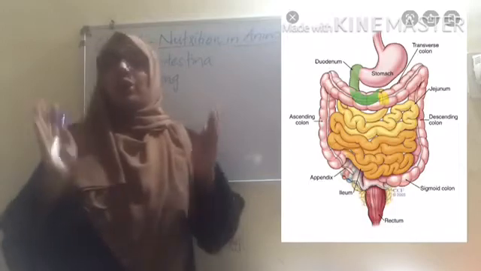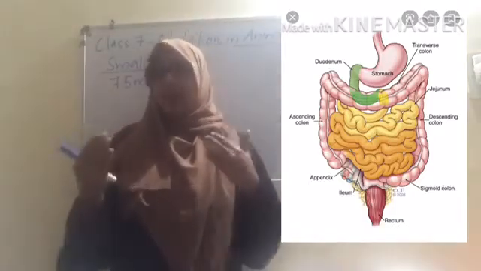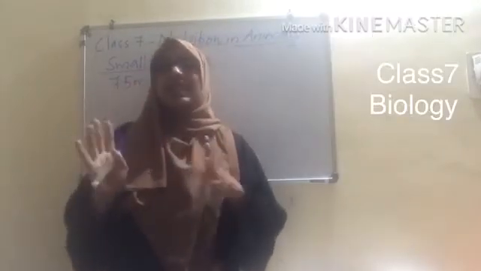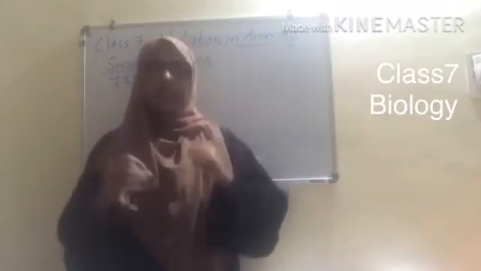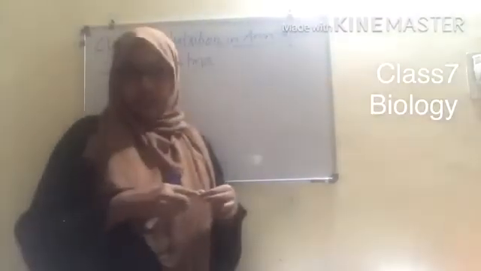Complete digestion of the food happens in the small intestine. So what is the nature of the food coming from the stomach? That is chyme. It is only partially digested, and it will enter the small intestine.